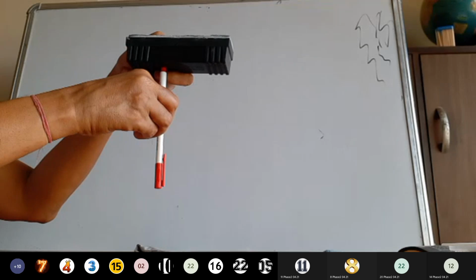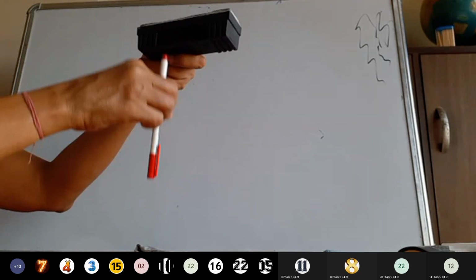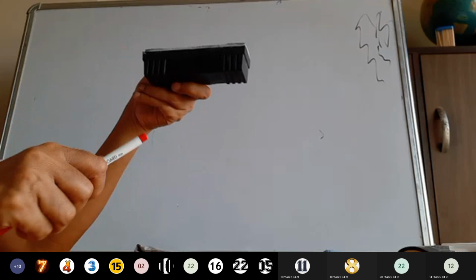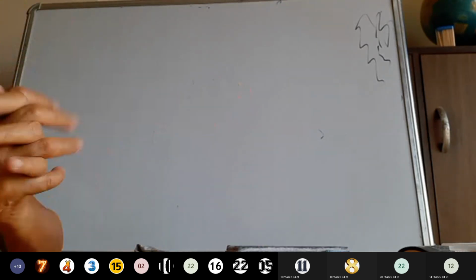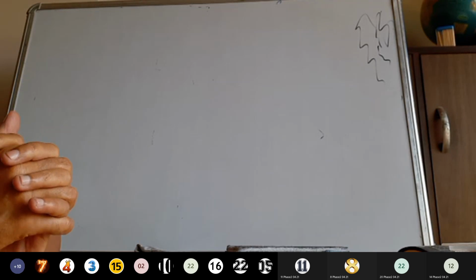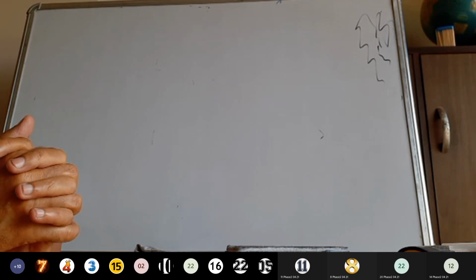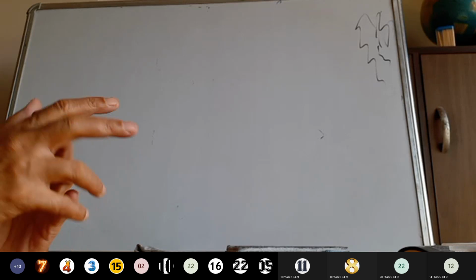Whether the ship is heading in this direction or in this direction, the vertical direction of the force doesn't matter, isn't it? So vertical is vertical, not getting affected by the heading of the ship.